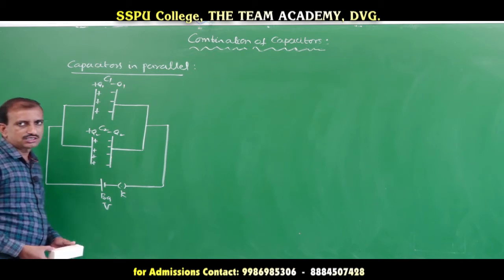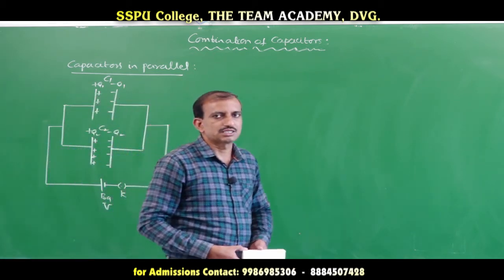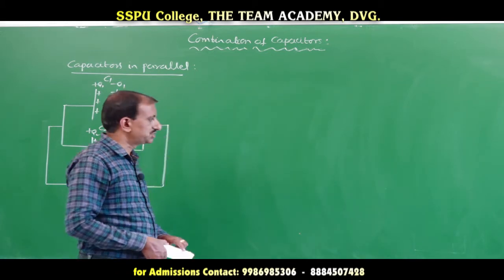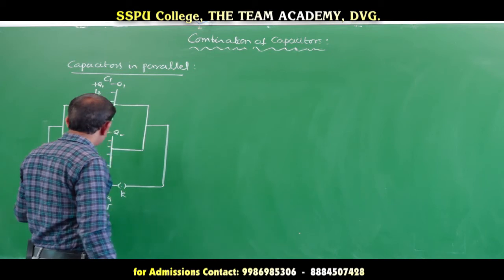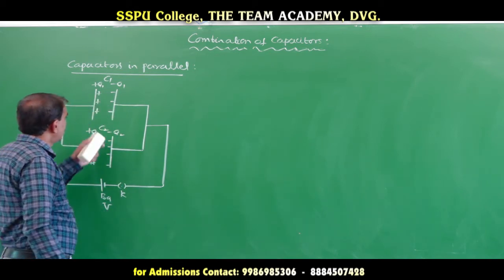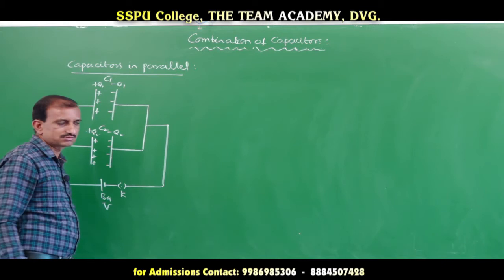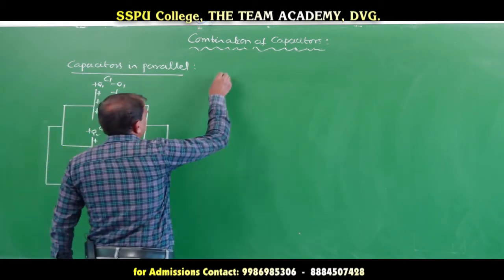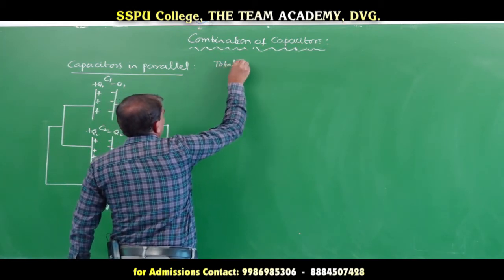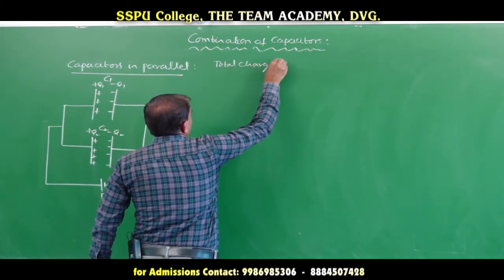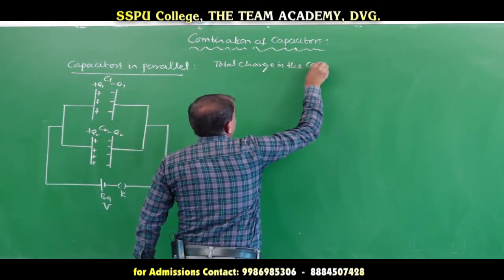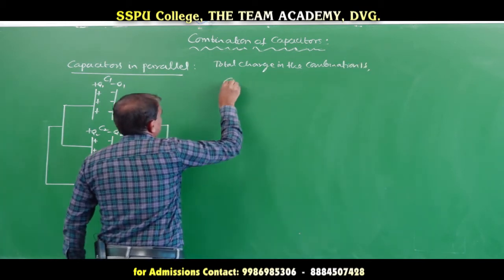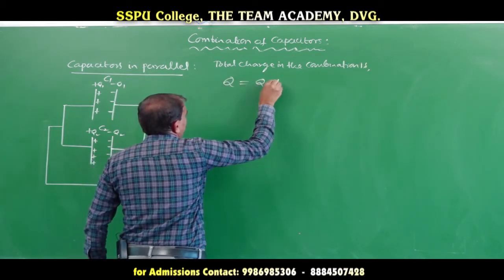When two or more capacitors are connected in parallel, the potential difference across each capacitor is the same, V, and the charge on each capacitor is different. Therefore, the total charge in the combination is Q is equal to Q1 plus Q2.